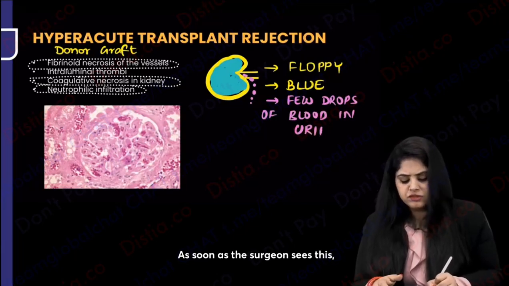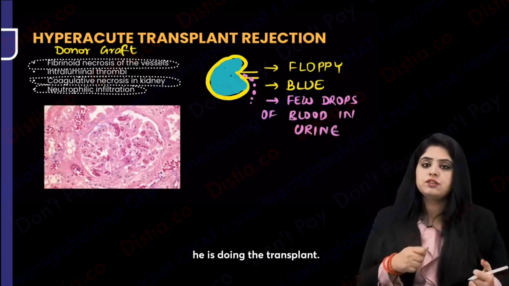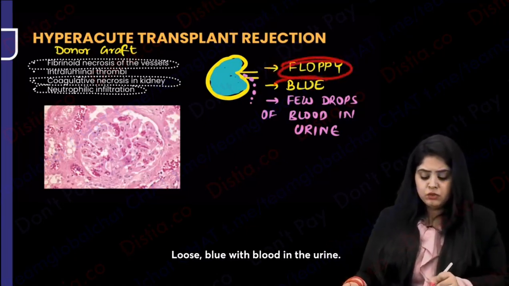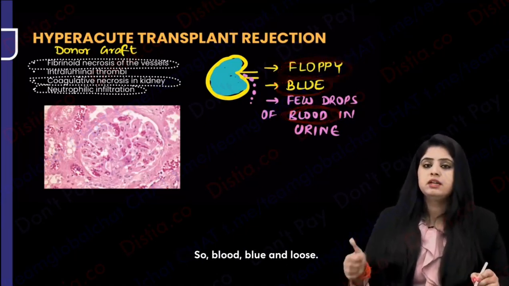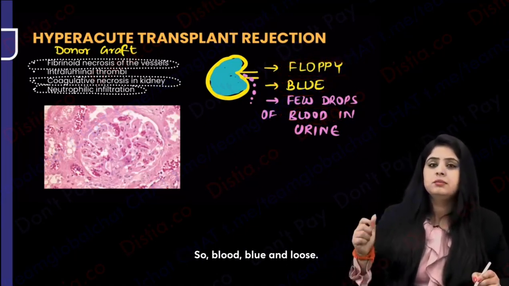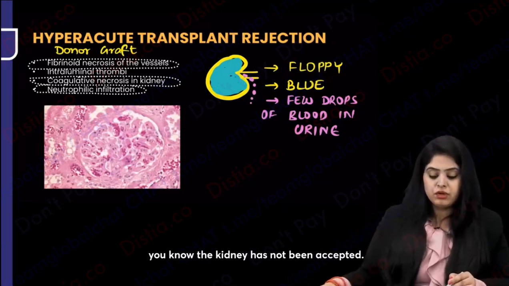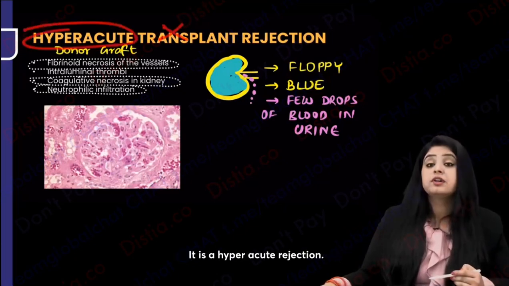As soon as the surgeon sees this, he's doing the transplant, he sees the kidney has suddenly become very, very floppy, loose, blue with blood in the urine. So blood, blue and loose. As soon as you see blood, blue, loose, you know the kidney has not been accepted. It is a hyperacute rejection.